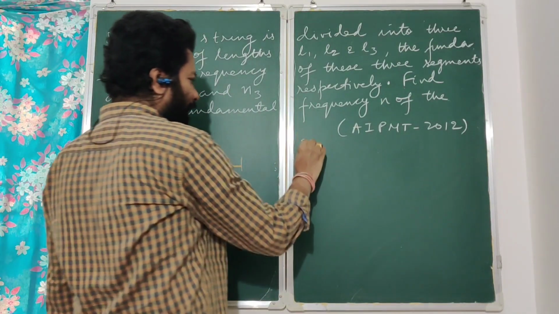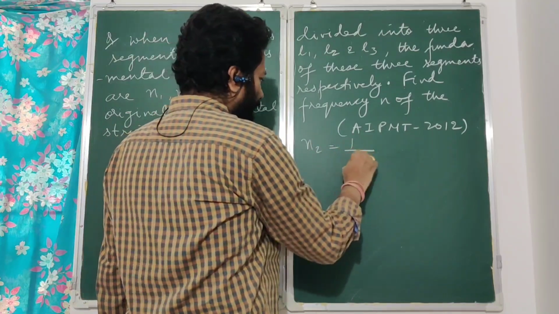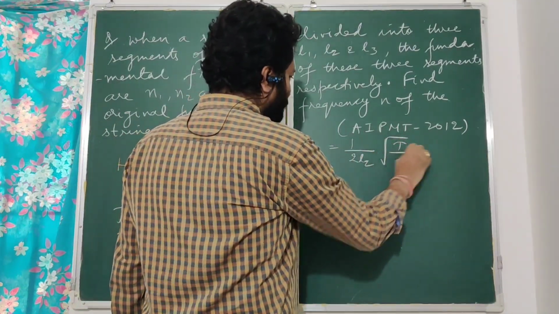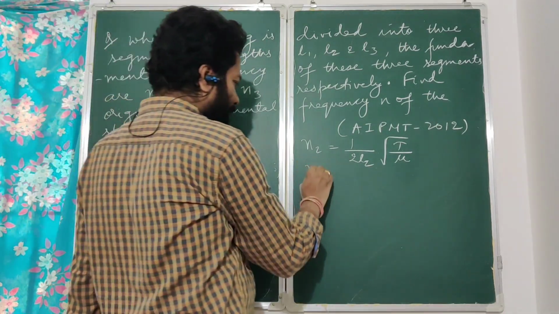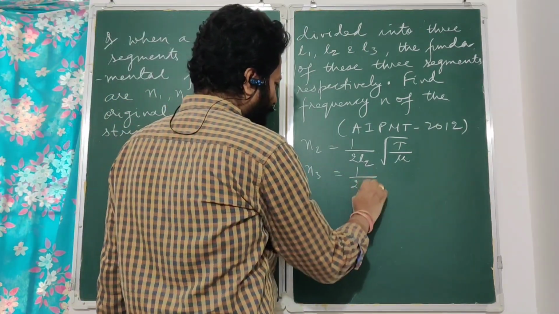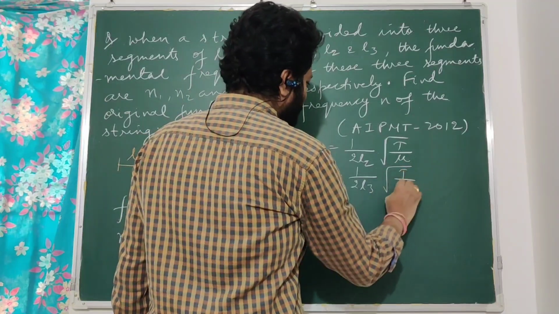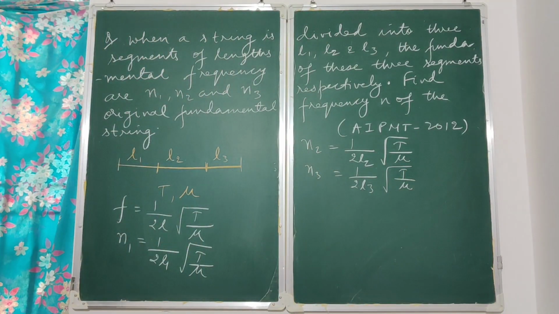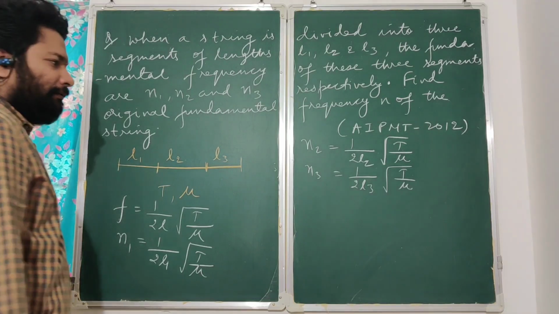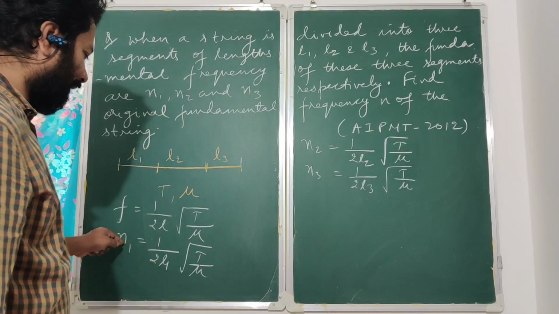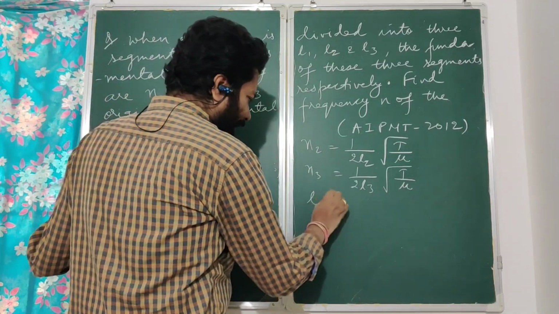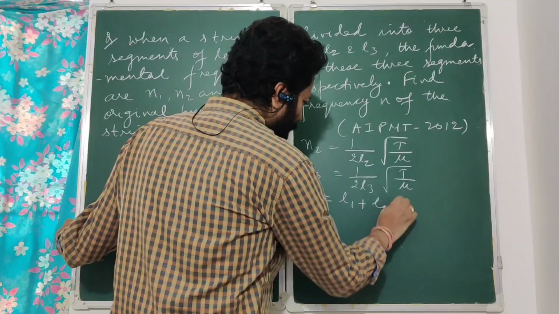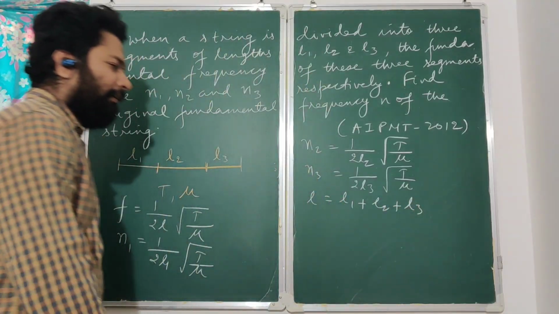Similarly, n2 is equal to 1 by 2L2 root of T by mu, like this. n3 is equal to 1 by twice of L3 root of T by mu. Correct? And so from here we can get the value of L1, L2 and L3, right? And L is equal to L1 plus L2 plus L3. What is the value of L?